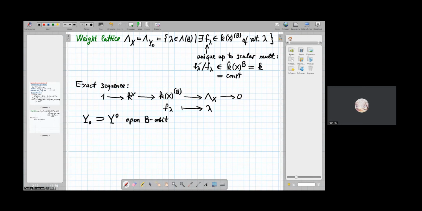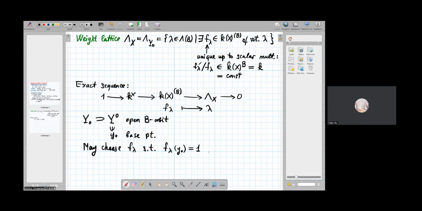And if we choose the base point, y naught, lying in this open B orbit, then after the choice of this base point, you can choose the eigenfunctions, the semi-invariant functions f lambda, in a canonical way. So you may choose f lambda so that all f lambda take value 1 at this base point.